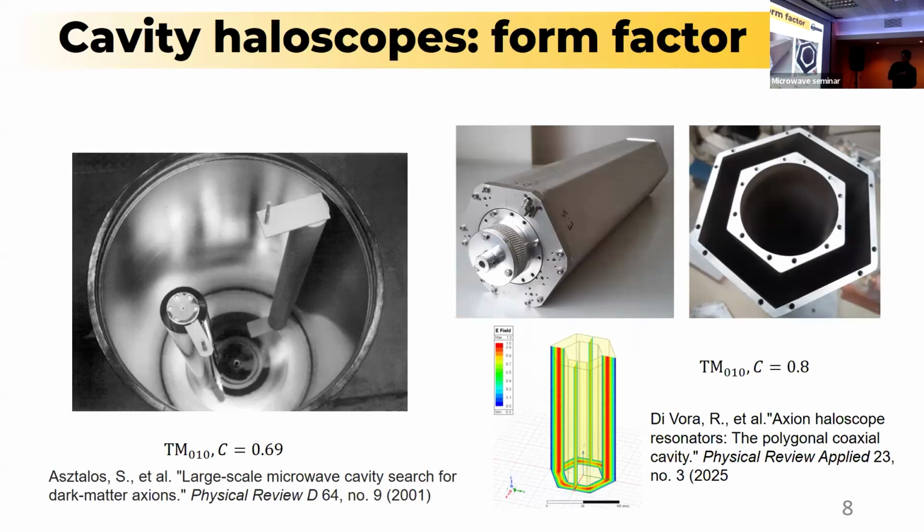This is the coaxial type cavity with hexagonal cross sections. This one has a high form factor for the fundamental mode, but it has the limitation that the field is mainly confined in the intermediate region between the metals. So if we seriously include the inner metal, it is a limitation because it's a useless space. So this value should actually be lower.